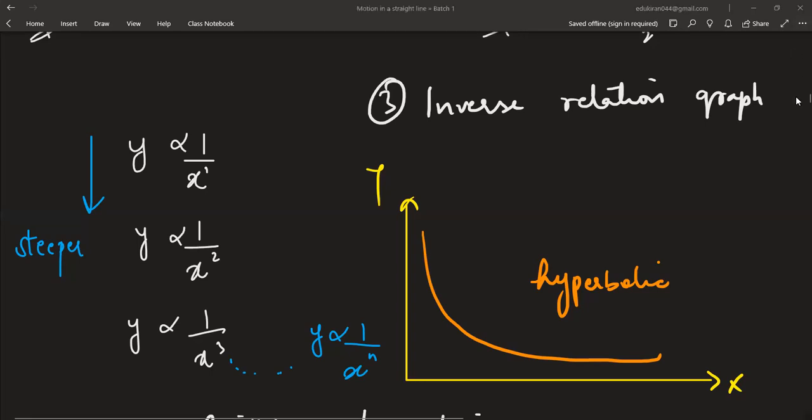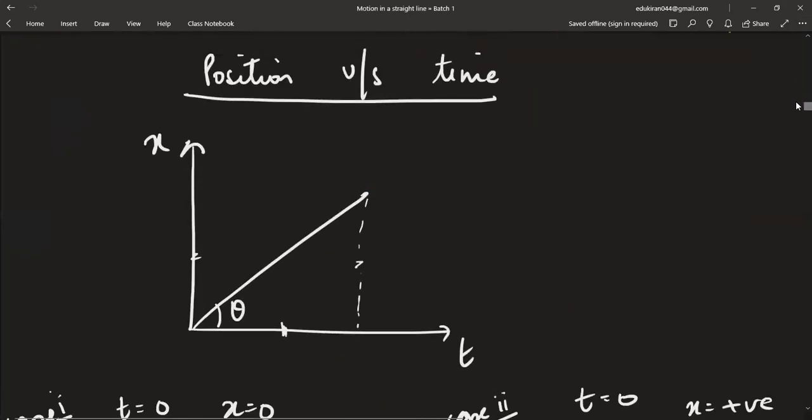Fine class. Now see, if we go by the actual terms which were there in our uniformly accelerated motion equations, we had position, we had time. So there was a relation: if you get a position-time graph, what all things can you predict? Now, one thing I'll tell you that is very helpful for your graphical questions.